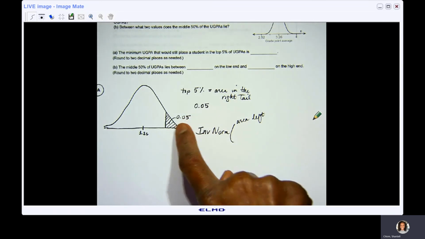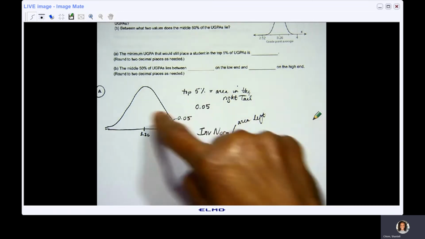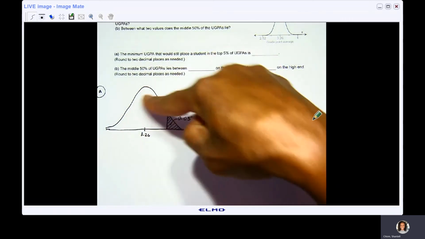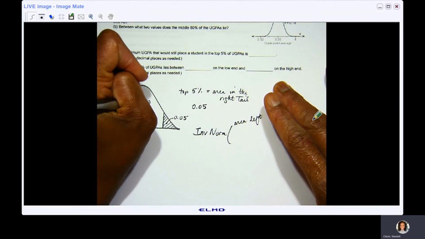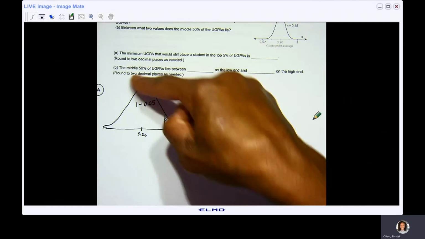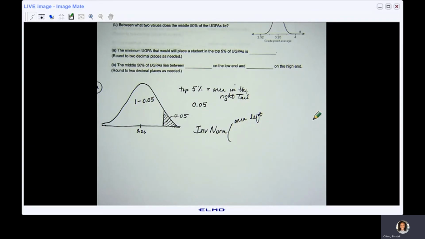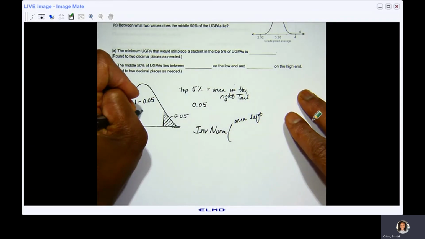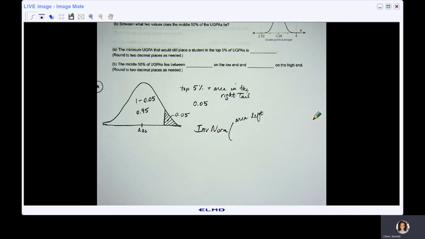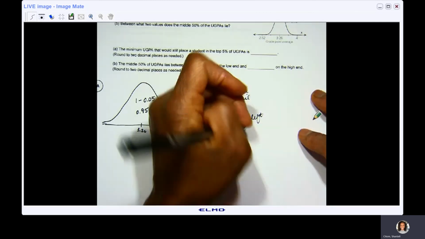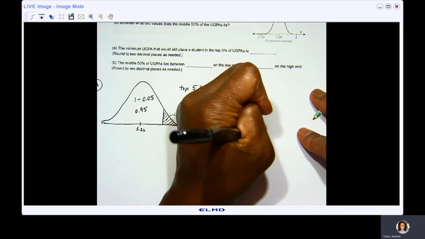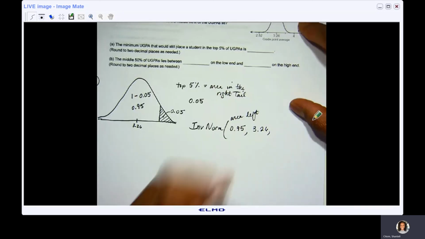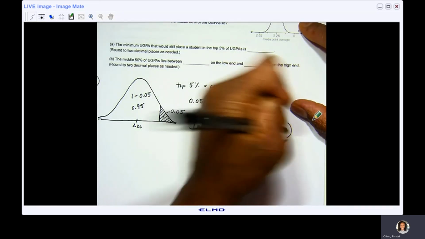So if you've got 0.05 in this tail end, to get the area in this other area here in this bigger portion, you would say 1 minus 0.05 because the total area under the bell-shaped curve is 1. So that means you've got 0.95 here to the left. So your area to the left would be 0.95, and you have a mean of 3.26 and a deviation of 0.18.